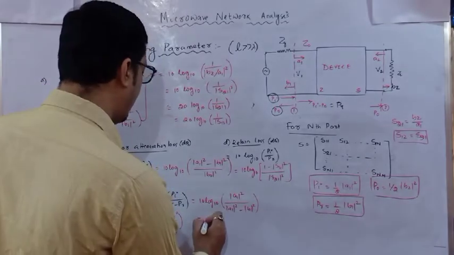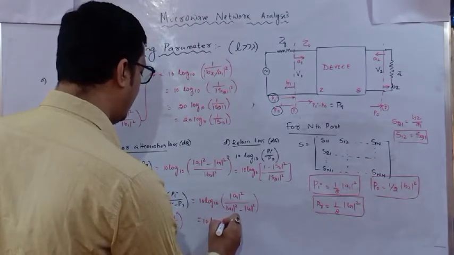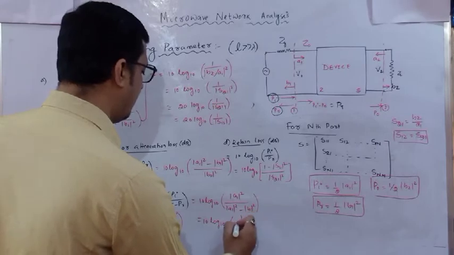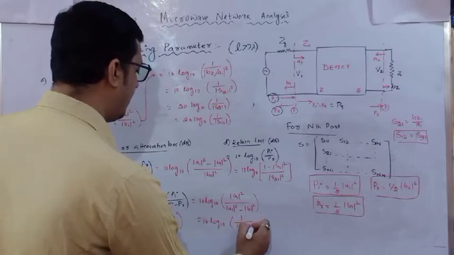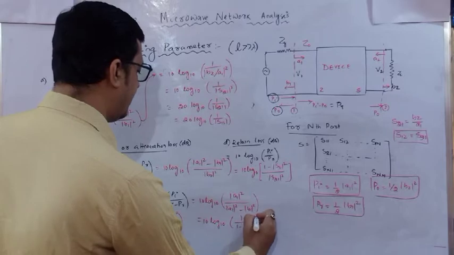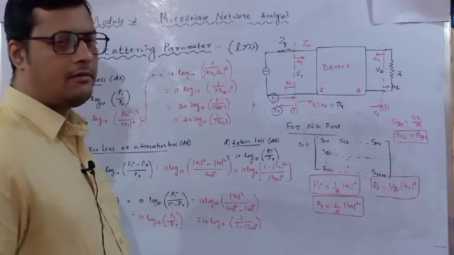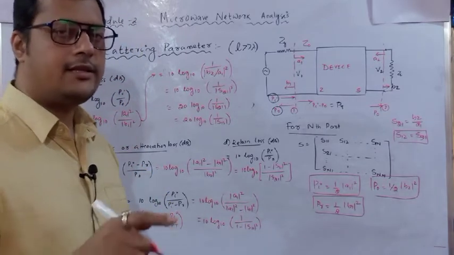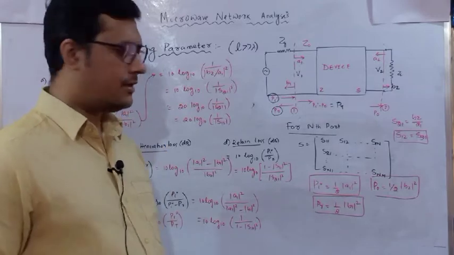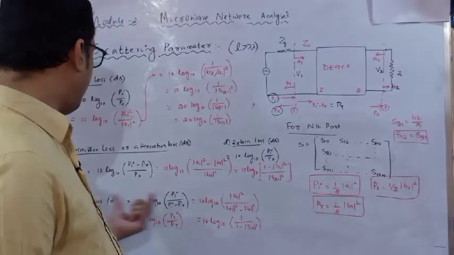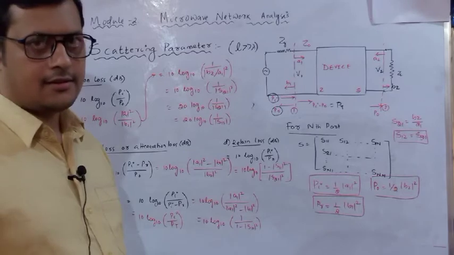You will get 10 log base 10 1 by 1 minus mod S11 whole square, because B1 by A1 is S11, which is the reflection coefficient.